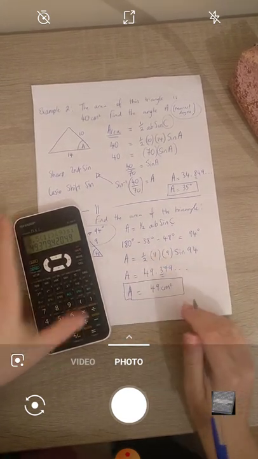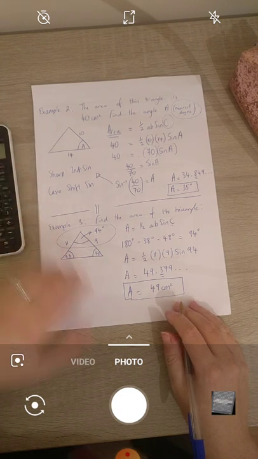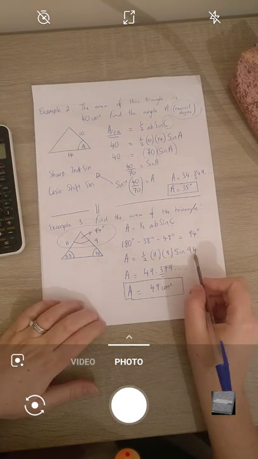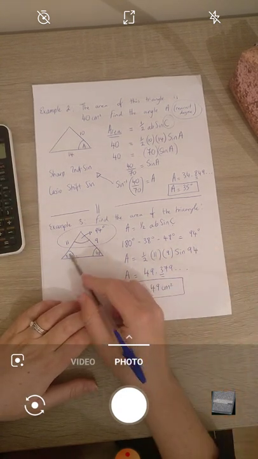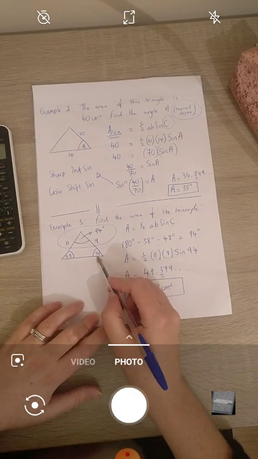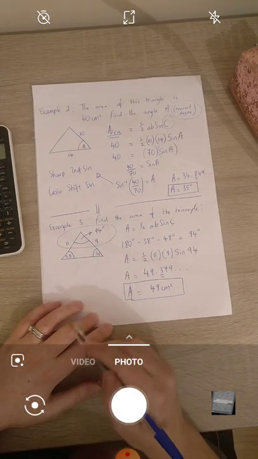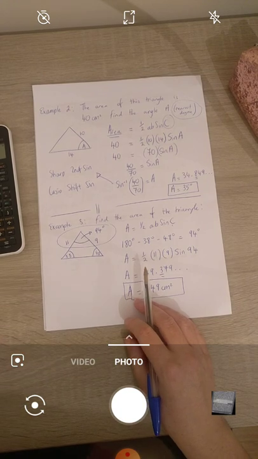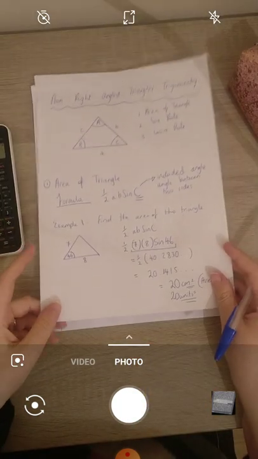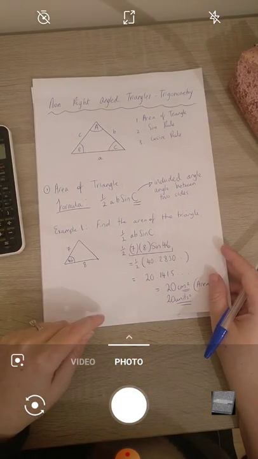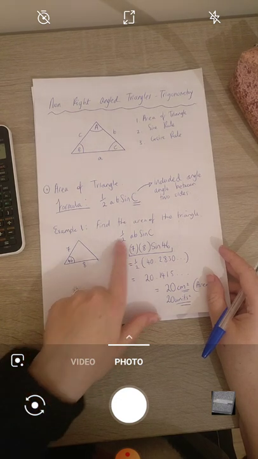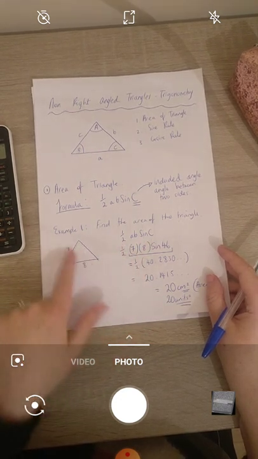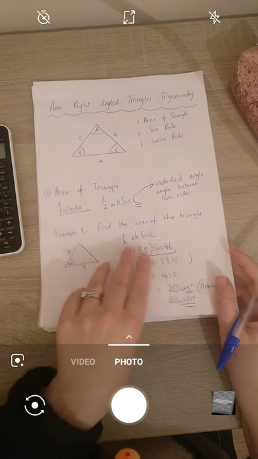Okay. So just be careful with that one there. Often people would use the incorrect angle here, like they would just use 38 or 48 without thinking about the angle in between. So there are the three different ways that you could be asked to use the area of a triangle. The first example was the most straightforward, where you do the two sides and you're given the angle in between.